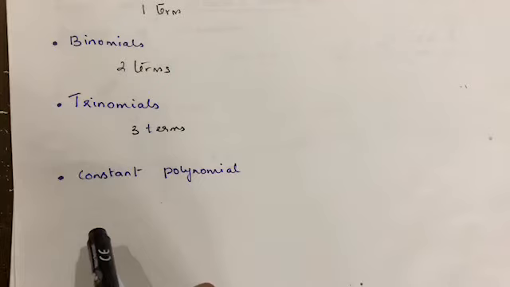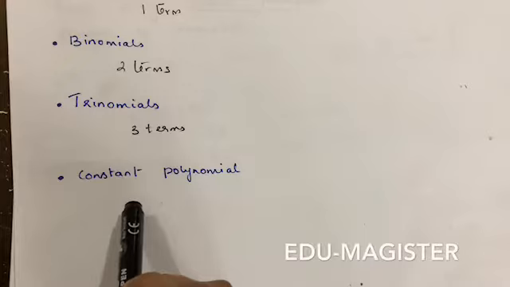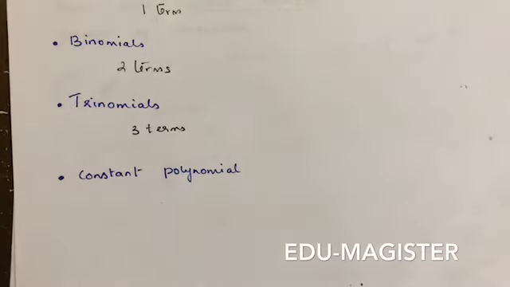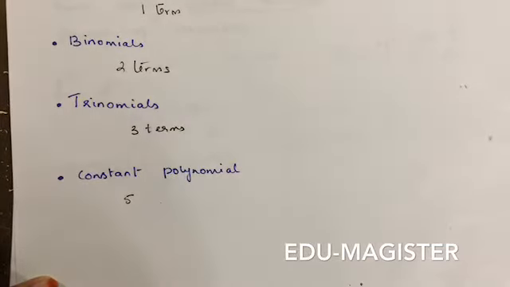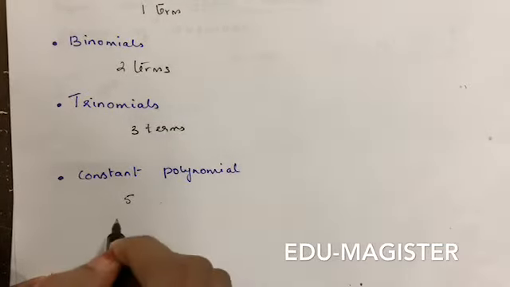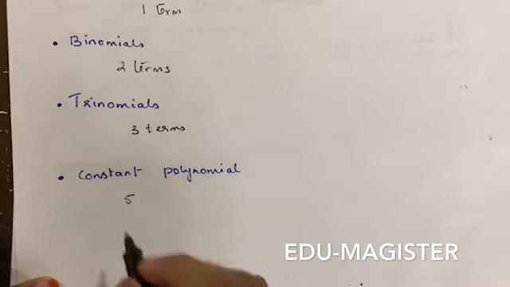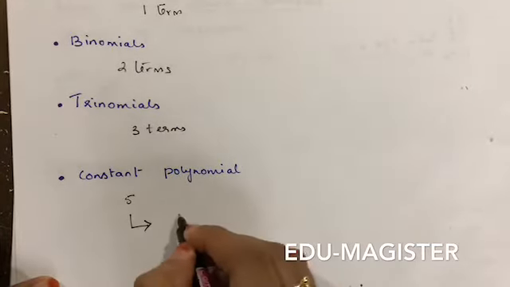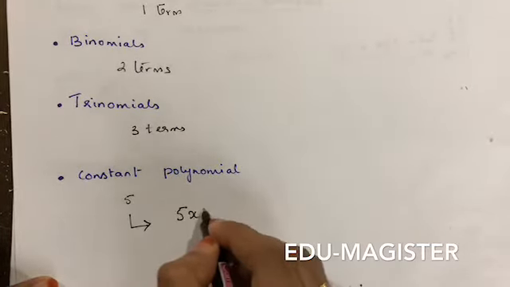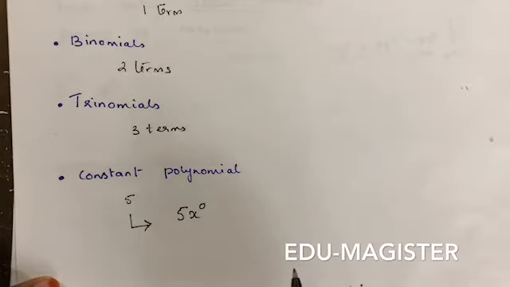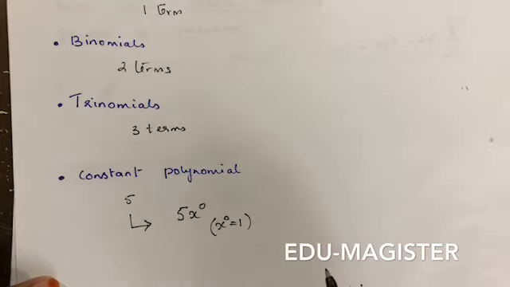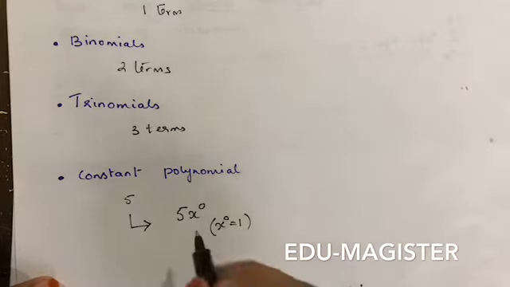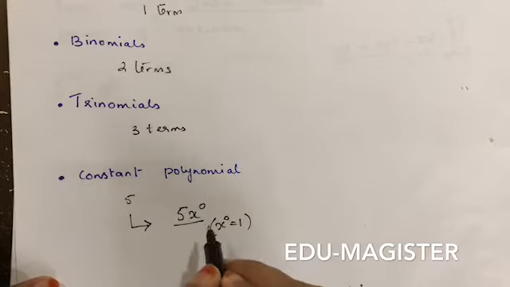Is that clear? Now, what is meant by a constant polynomial? Let me write a random number, 5. Do you agree that 5 is a polynomial? Okay, let's see. Can I write 5 as 5x raised to 0? Why? Because x raised to 0 is equal to 1. Yes? Okay. Now, does this expression satisfy the condition of a polynomial?